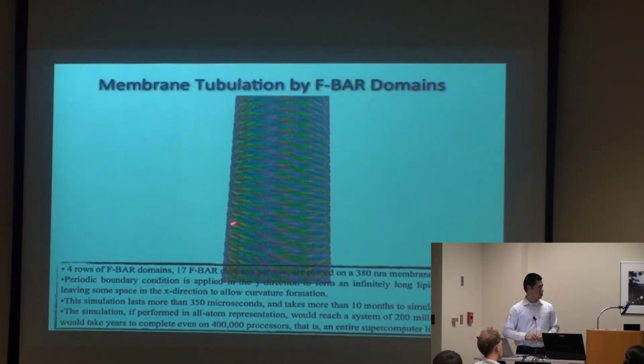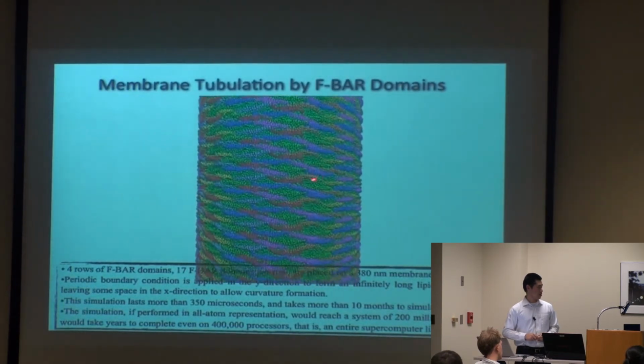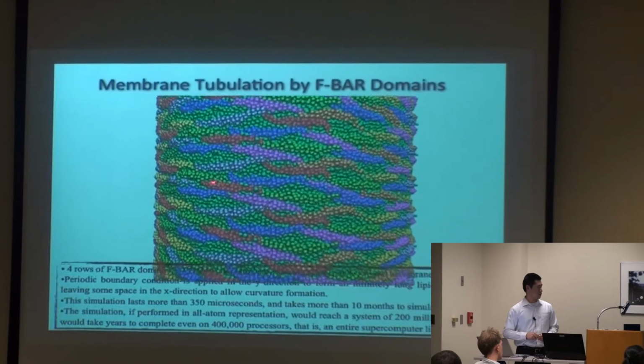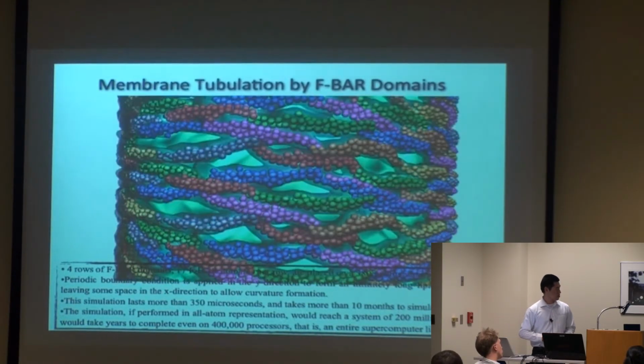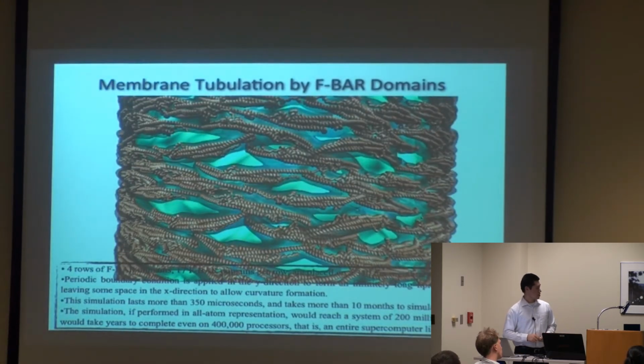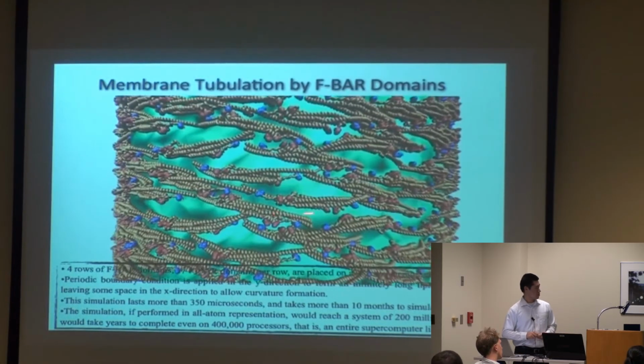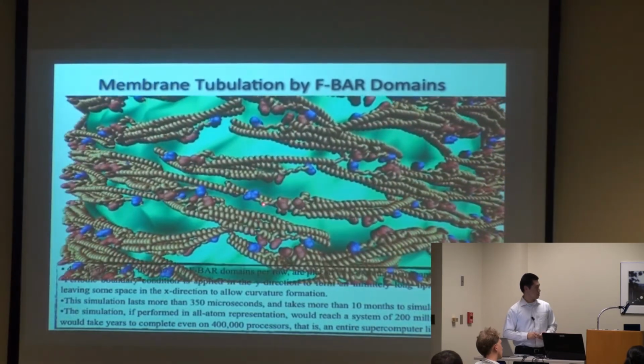So now we have the tubular structures. We can actually fit the all-atom structures into the density of the tubular structures to have a closer look at the structure of the tubule. So these are the all-atom structures, and these are the interactions between the neighboring F-bar domains.